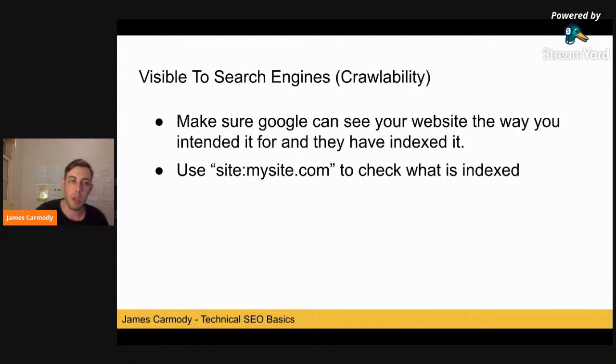So we're going to make sure that the website is visible to search engines and it's indexed. A really cool tip is you can just type in site: and then your domain name, so whatever your site is, mysite.com.